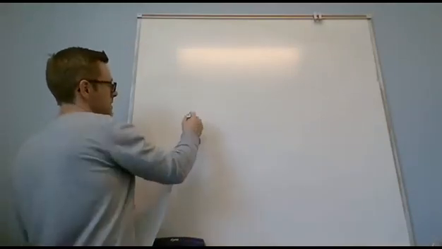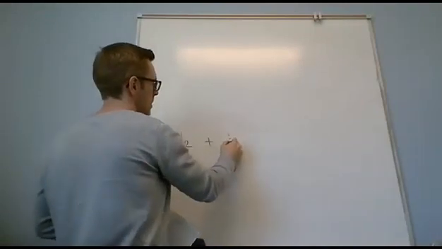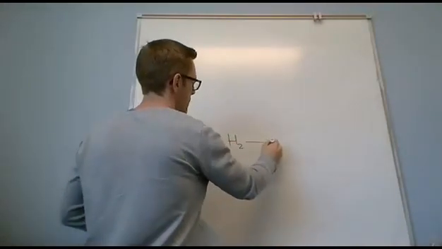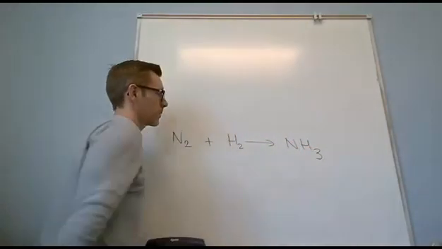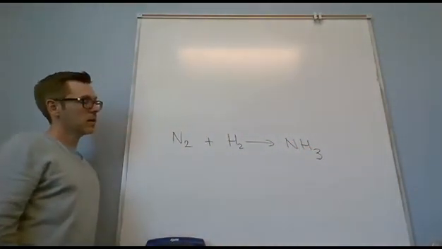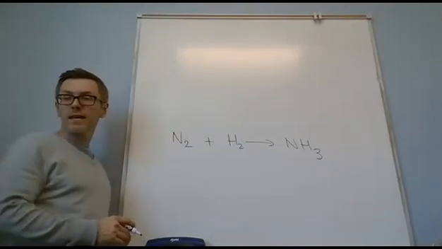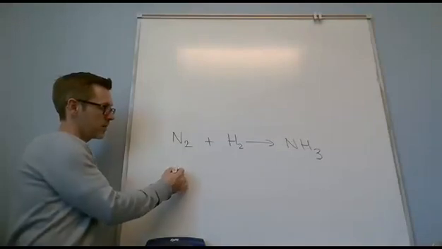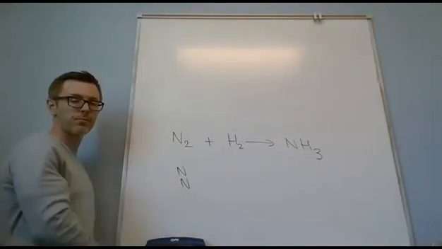Okay, so let's start with something simple. Let's say we have nitrogen and hydrogen. Nitrogen and hydrogen are going to give ammonia. Okay. So we have to obey the conservation of mass law. Right now, as it stands, we have 2 nitrogens, because the 2 means I've got 2 of them.